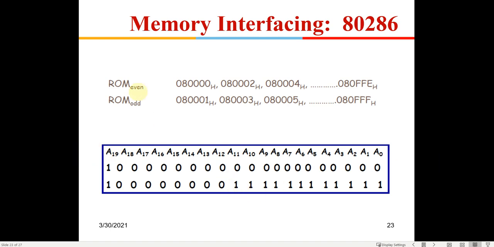Since it is only a 2K RAM, till 11 bits it is going to be 0000 till here, and it is going to come till 1 out here. This is going to be the even, and this is going to be the odd. The least significant bit, that is A0, is going to select the odd and even along with BHE.